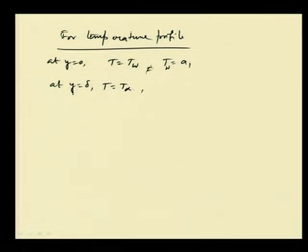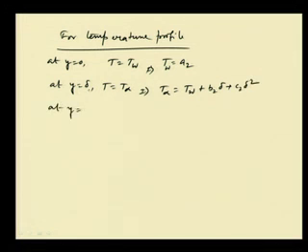This implies T infinity is equal to T w plus B 2 into delta plus C 2 into delta square. And at y equals delta t, del T by del y equals 0.